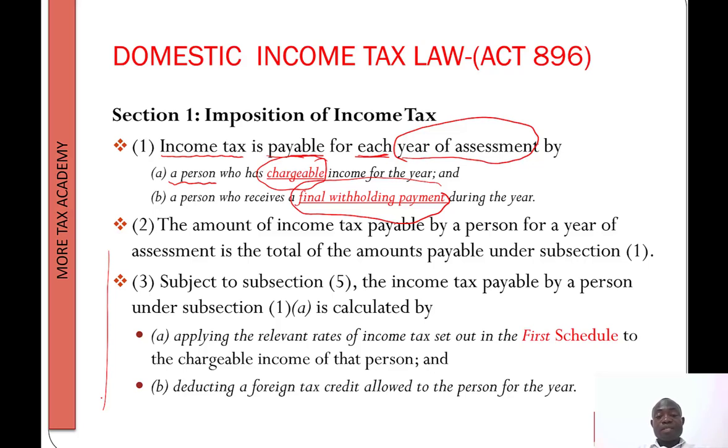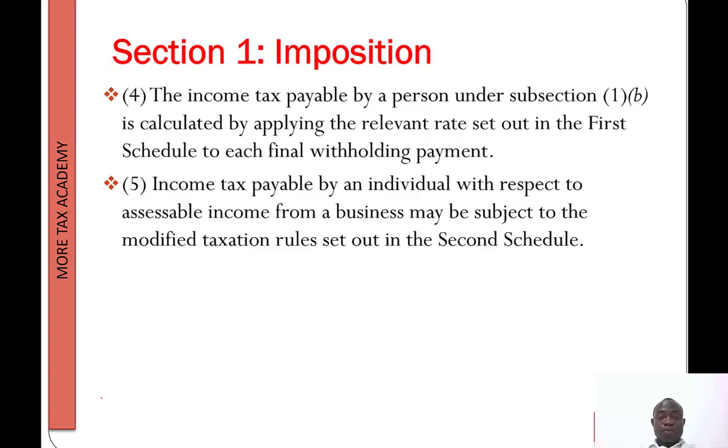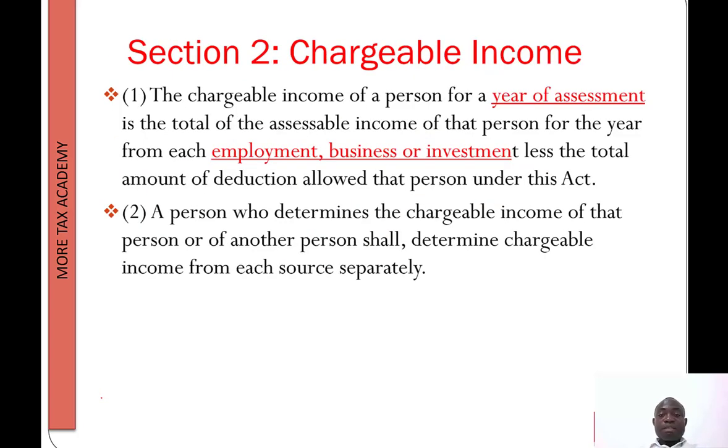Because it says that a person who has a chargeable income for a year has a tax imposed on him. Section 1 just mentioned chargeable income, but if you want to understand it, then we must go to section 2. And section 2 defines what a chargeable income is.